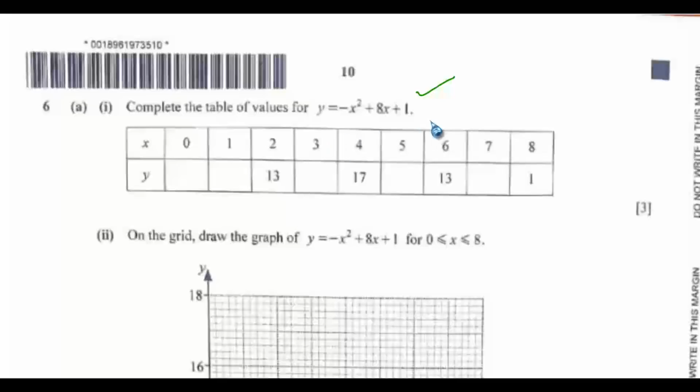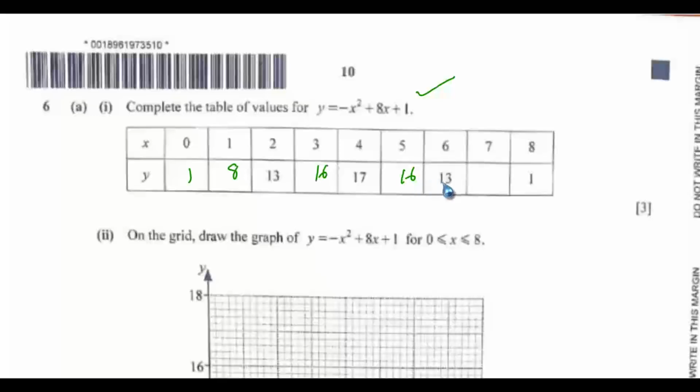When you do that, you get the value of y when x equals 0 to be 1, and when x equals 1, y equals 8, and when x equals 3, y equals 16, and when x equals 5, y equals 16 again.